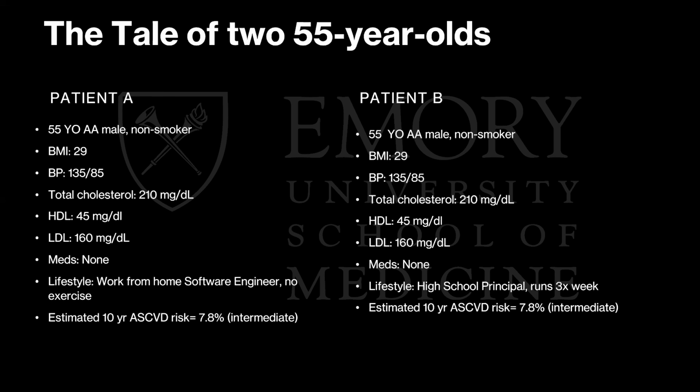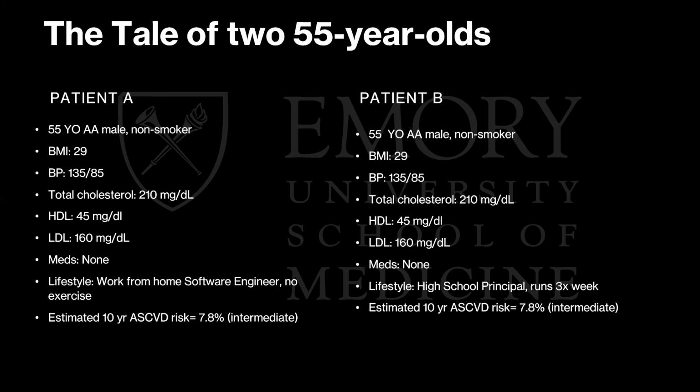Patient A is a 55-year-old African-American male, non-smoker, BMI of 29, right at the cusp of obesity, with stage 1 hypertension, slightly elevated cholesterol and LDL, currently not on any medications. He's a work-from-home software engineer who doesn't exercise much and lives a sedentary lifestyle. Based on that, his ASCVD risk came back at 7.8, so he falls in the intermediate zone.